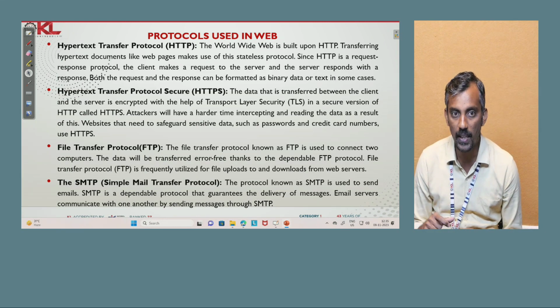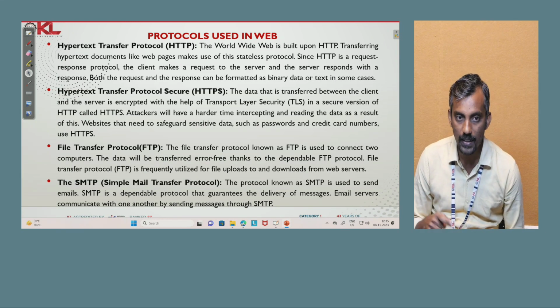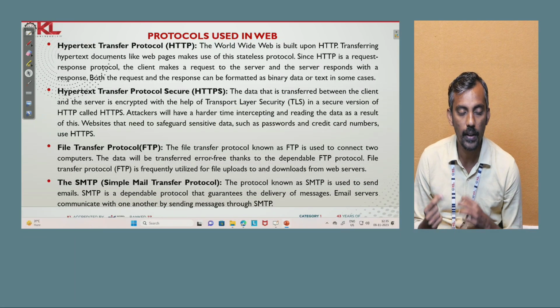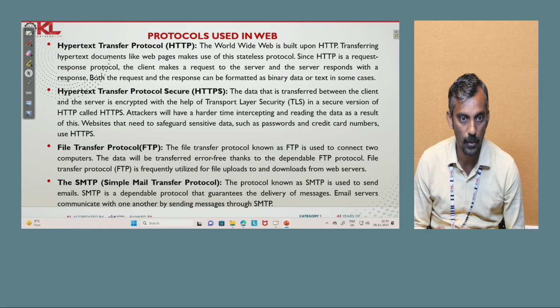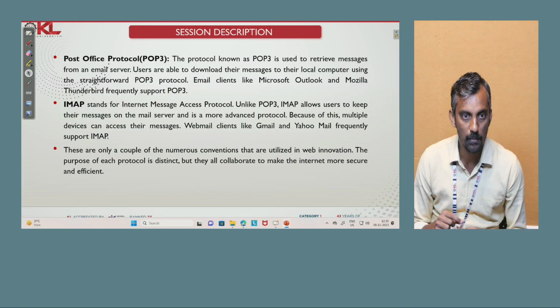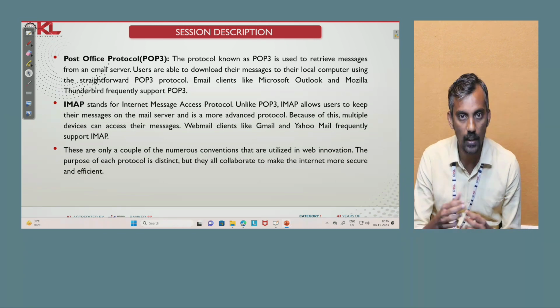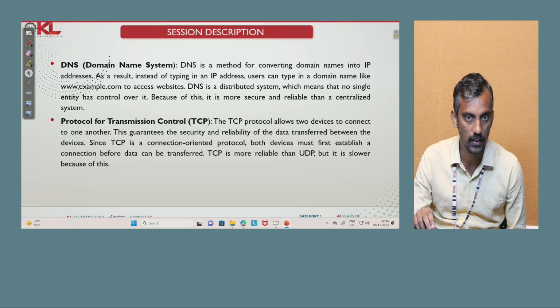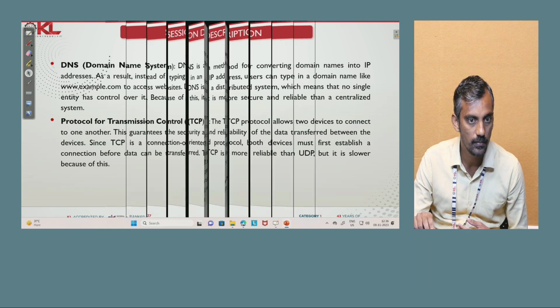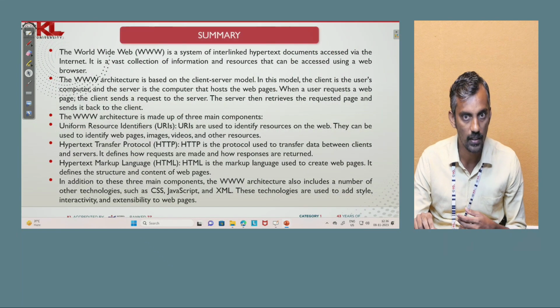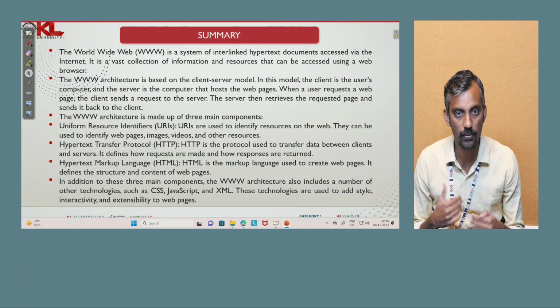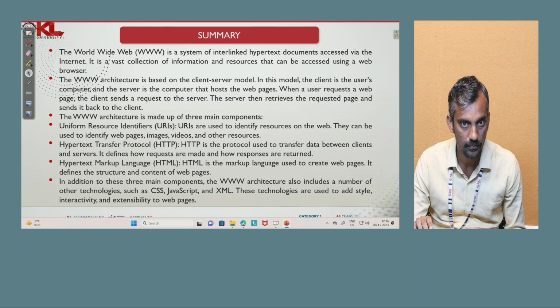HTTPS is the Hypertext Transfer Protocol Secure, which provides security at the transport layer. Then file transfer protocol, SMTP, the Simple Mail Transfer Protocol, and POP3, the Post Office Protocol. These are all the protocols used on websites, along with domain name systems and TCP. So these are the summary of the World Wide Web.